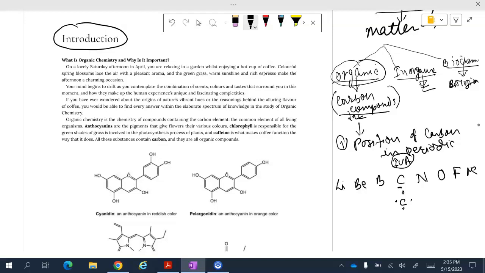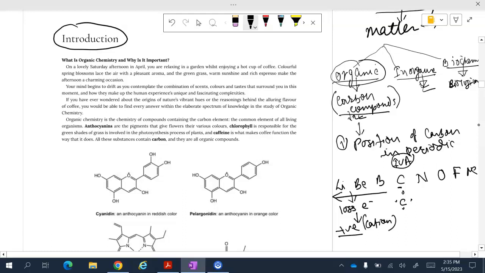You know that the elements on the left side of the period have fewer electrons, so they will try to lose these electrons. Whenever they lose electrons, they form a positive ion or cation, right?